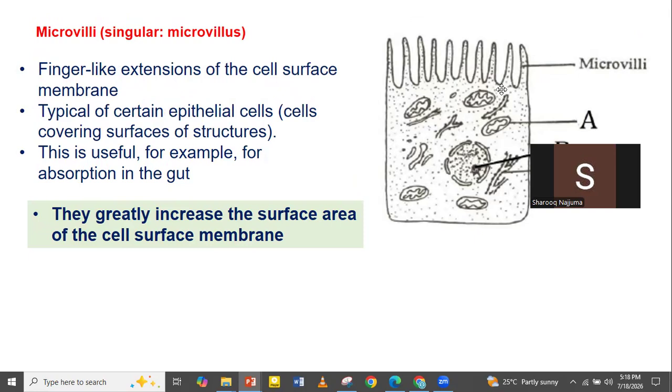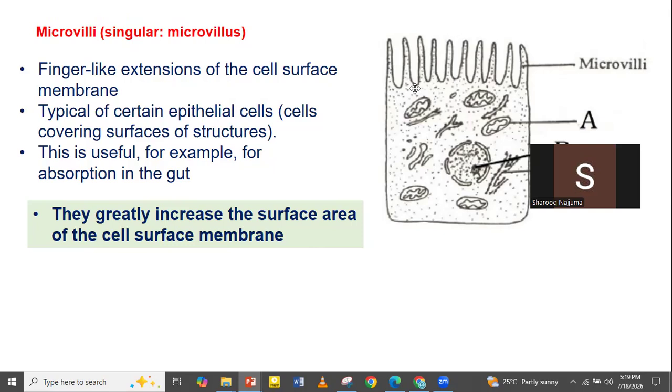Microvilli are going to be found in just some cells, especially cells that line structures where absorption occurs. For example, cells in the ileum have microvilli. Cells in the kidney, where we have reabsorption of water, they have microvilli. So these microvilli simply increase the surface area for absorption.